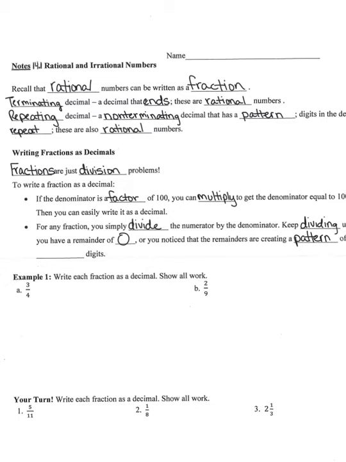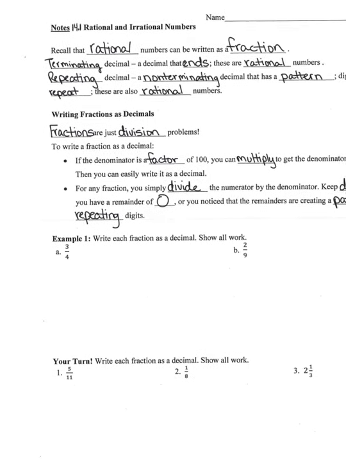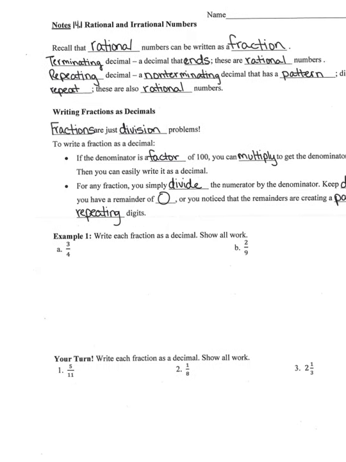So let's look at example 1, and we will turn those fractions into some decimals. Here we have 3/4. This is a pretty easy one. We know that 4 is a factor of 100, so I can just rewrite my fraction out of 100.